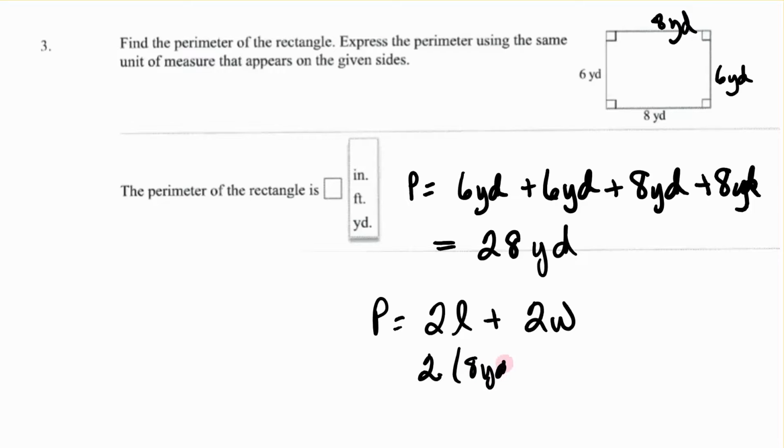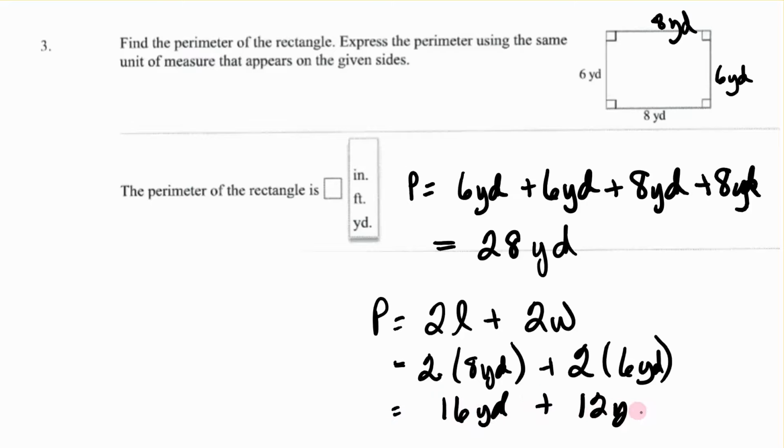So I'll put 2 of the 8 yards, and 2 of the widths, which is 6 yards. And that gives us 16 yards plus 12 yards, and I still get 28 yards. So if you remember this special formula and you want to use it, that is absolutely fine.